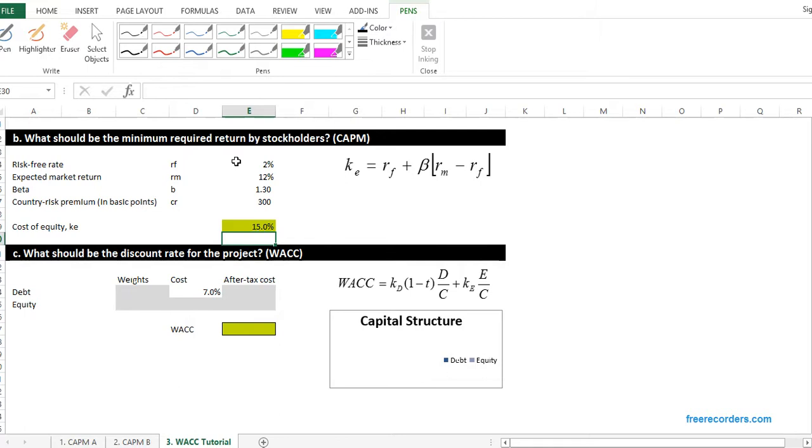But notice that there's a country risk. For example, this could be for Guatemala or Argentina or Brazil. There's a country risk premium here of 300 basis points. Therefore, we could add this to the capital asset pricing model. Simply, we could add country risk premium by transforming the 300 basis points into an annual rate, which is only, you need to divide by 10,000.